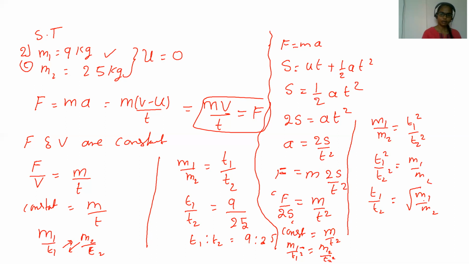I want to represent it in terms of values. Given m1 is 9 kg and m2 is 25 kg. So root of 9 is 3 and root of 25 is 5. Right, children? So t1 is to t2 is equal to 3 is to 5. This is the correct answer.